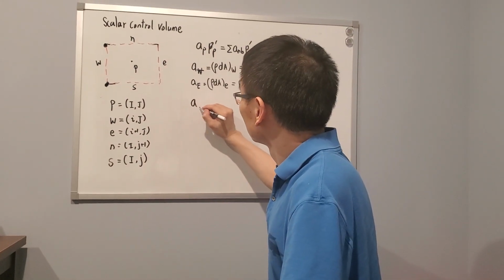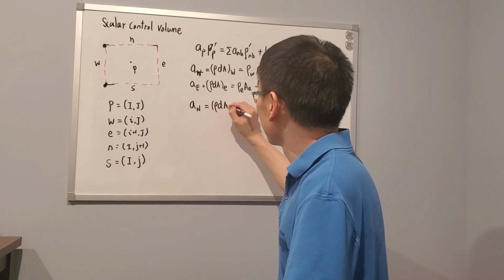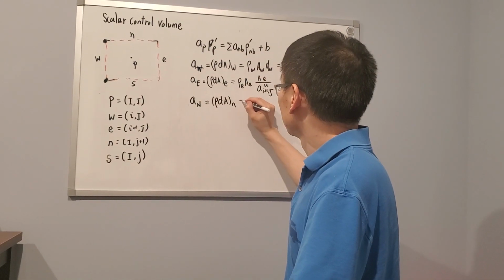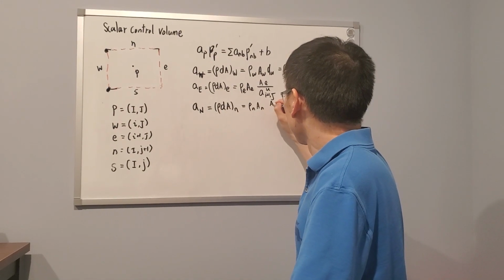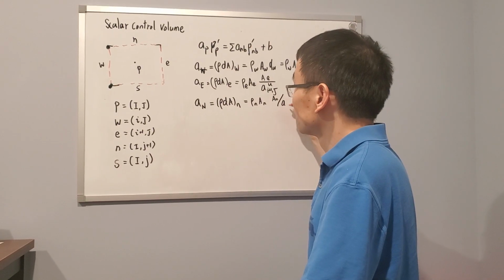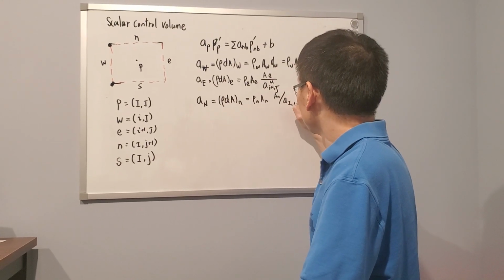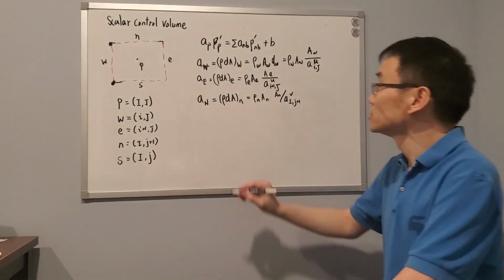Okay, let's continue to define A north. Rho dA n, and rho n An divided by A I j plus 1 from the V momentum equation.